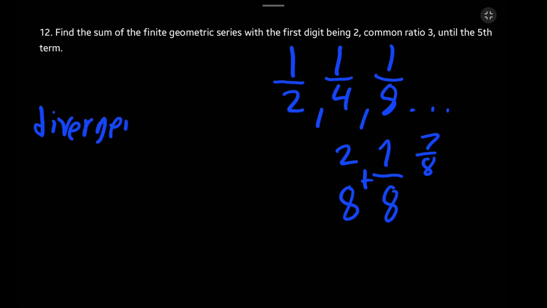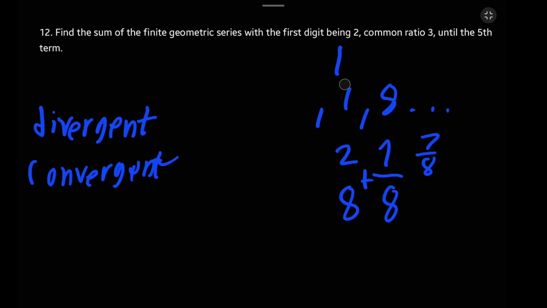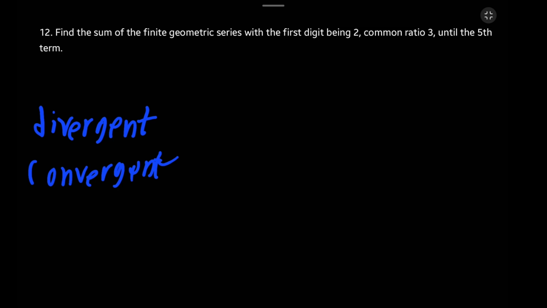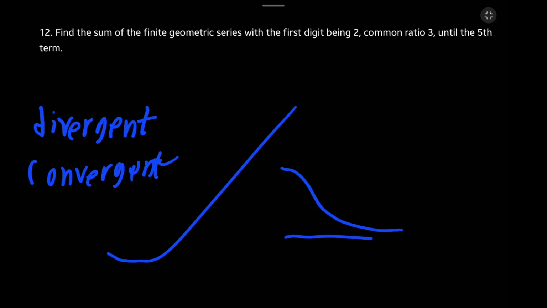Divergent, convergent. So basically, based on their root words, divergent is to diverge or to separate, or it goes on to infinity. So like diverge, but converge, it ends up at a singular value, something like that.